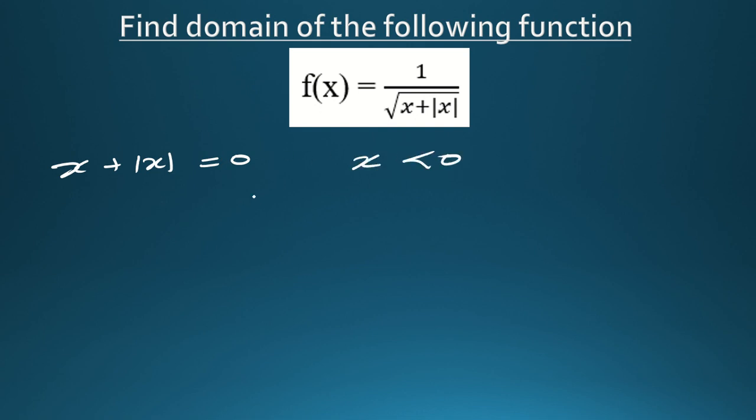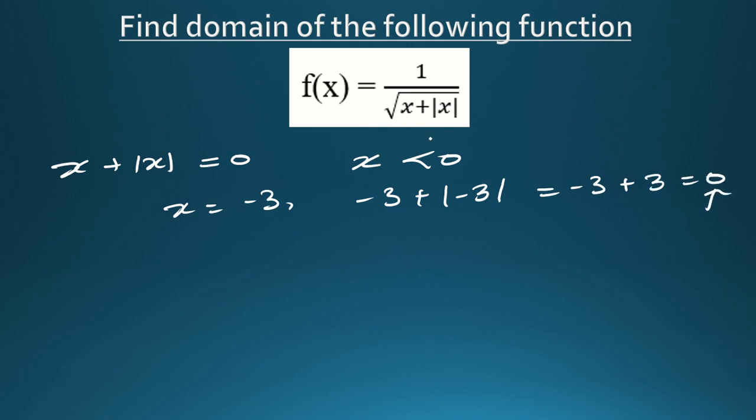For example, if x is equal to negative 3, then negative 3 plus absolute value of negative 3 means negative 3 plus 3, which becomes 0. Otherwise, if x is positive, then definitely it is going to be defined. So for less than 0 and equal to 0 it cannot be defined.